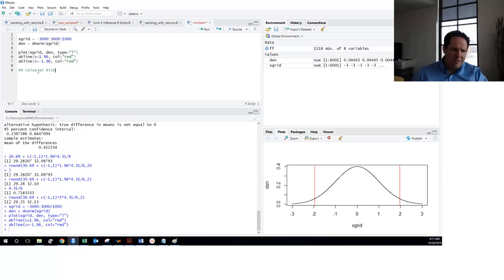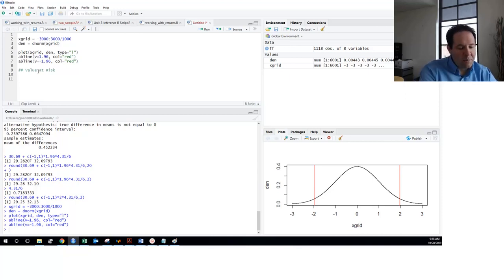Now, the nice thing about the value at risk in the case of normal returns is that you just need to know about the lower tail of the distribution. Because a normal distribution is fully specified by the mean and the standard deviation, knowing the standard deviation tells you how much lower the value at risk is relative to your expected return.